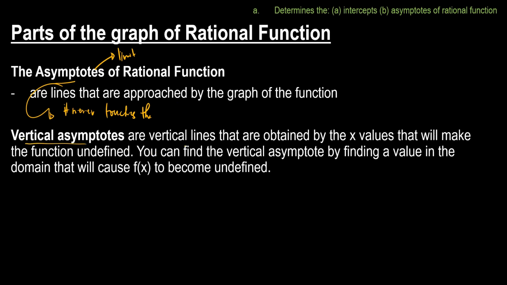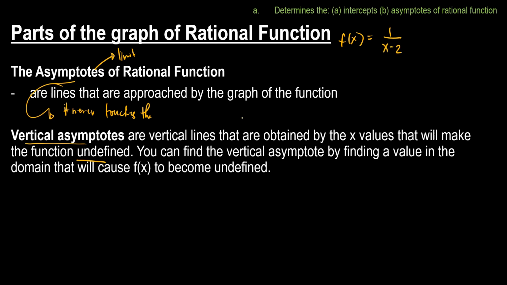Vertical asymptotes are vertical lines obtained from the x values that will make the function undefined. You can find the vertical asymptote by finding the value in the domain that will cause f of x to be undefined. For example, I will show you the idea of the asymptote. Say you have f of x is equal to 1 over x minus 2.